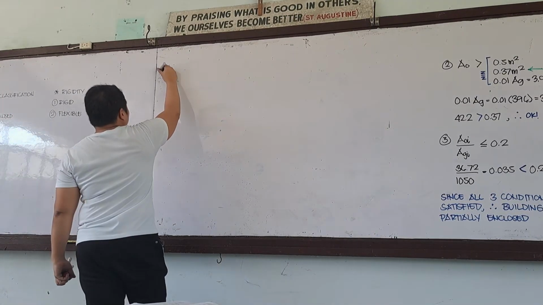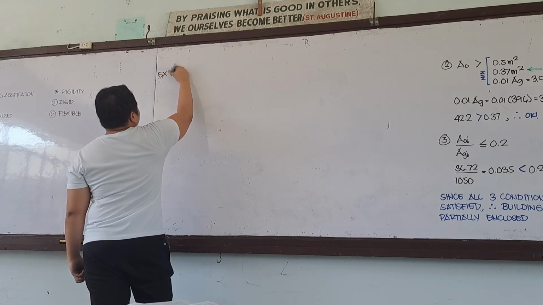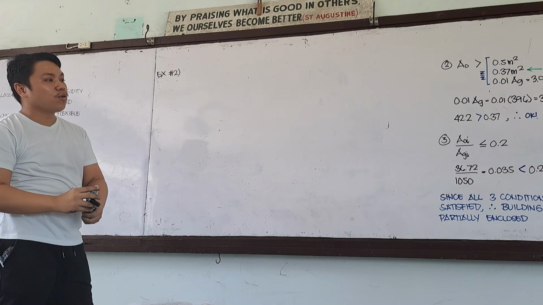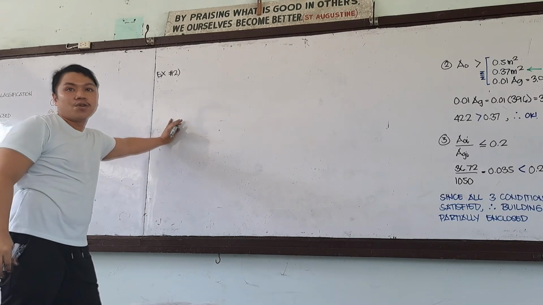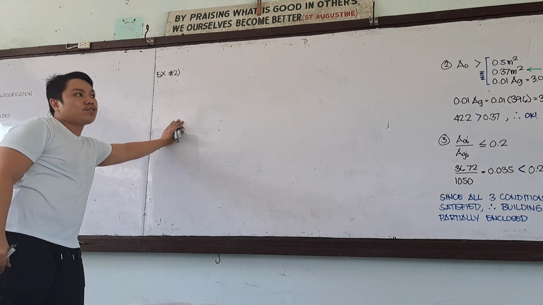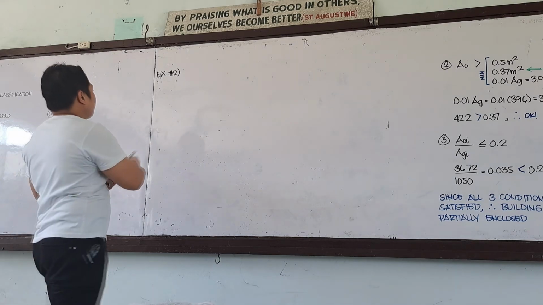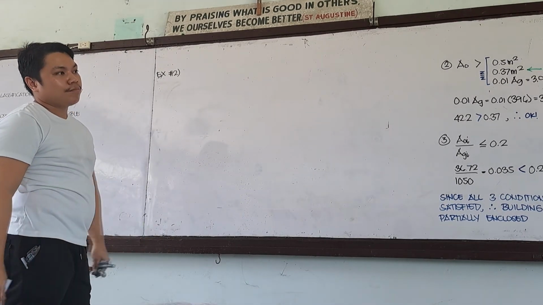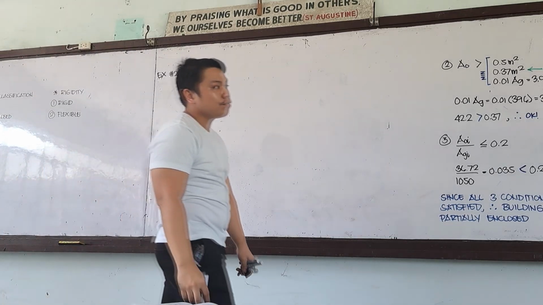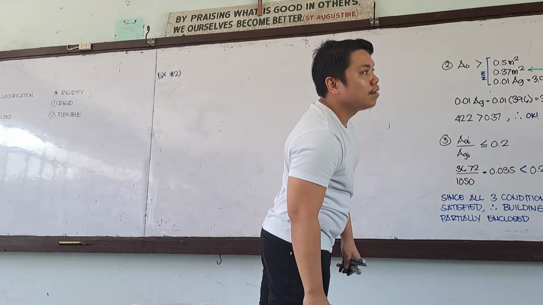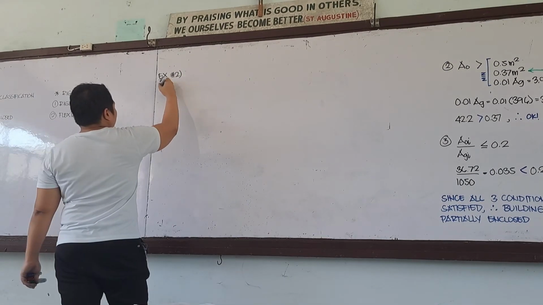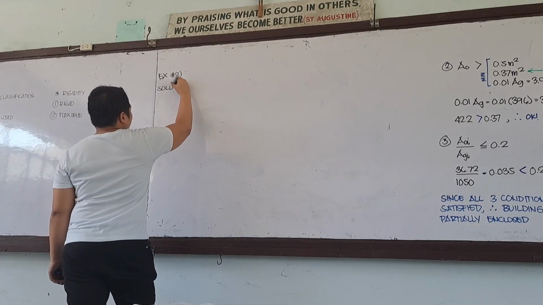Okay, example number 2. So we have our building. How can we identify if it is rigid or non-rigid? Based on our conditions. The given is the figure with the dimensions. Let's try to solve.